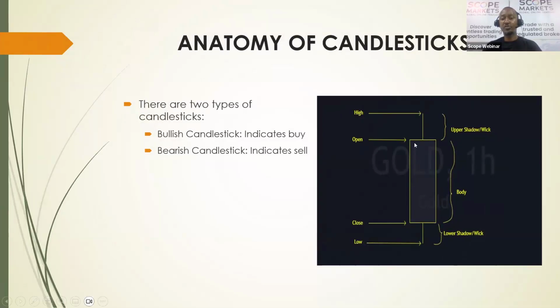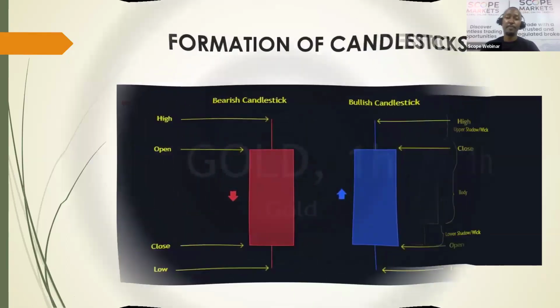Then it retraces back to the opening to create what we call the upper wick or upper shadow. Then it went all the way down to this level to create the lowest price, and then retraced back to close at this particular level, giving us the lower shadow or lower wick. The range between the opening price and the closing price is what we refer to as the body of the candlestick.